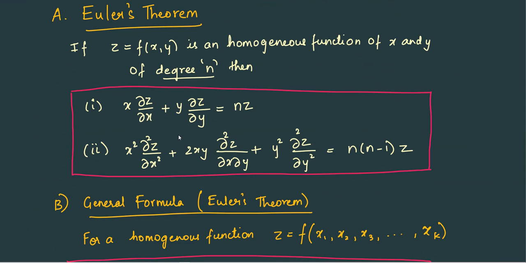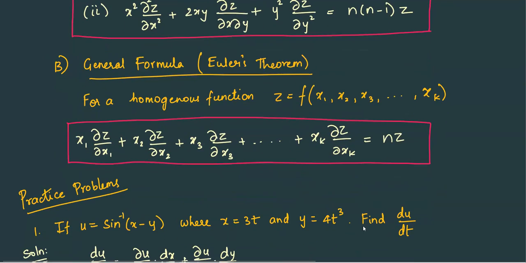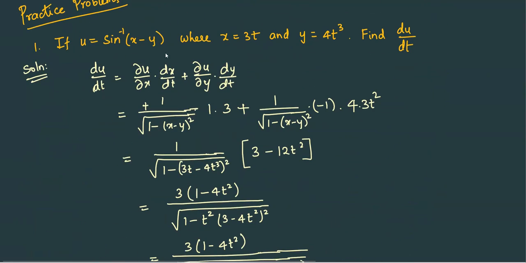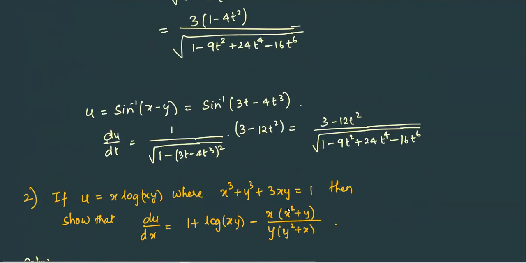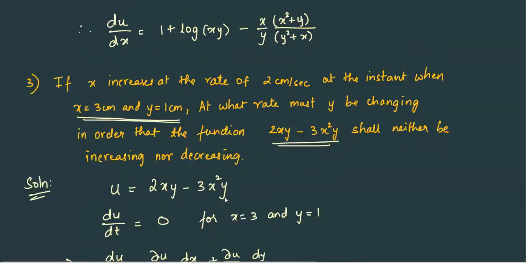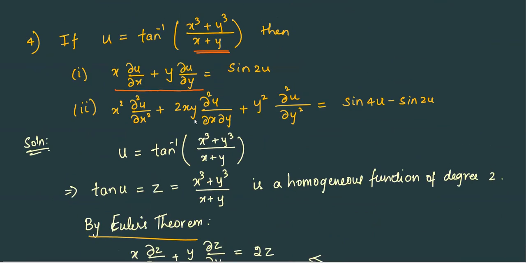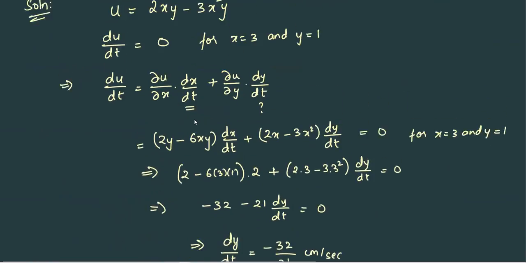And using this theorem, things become easy many times. We chose one example of how a difficult problem can be simplified into an easy problem by using Euler's theorem.